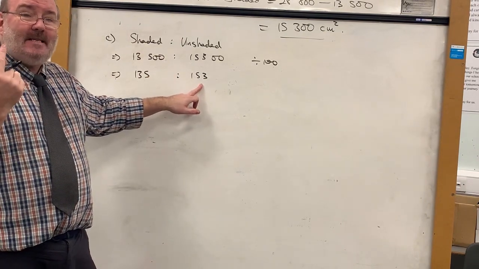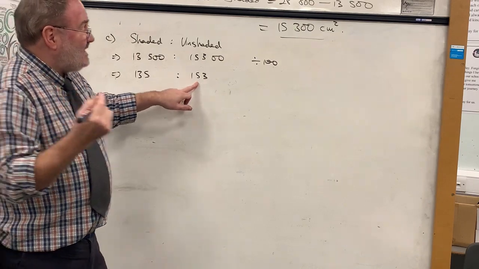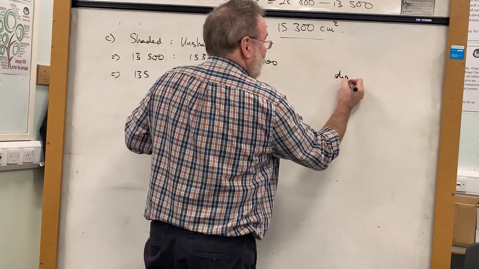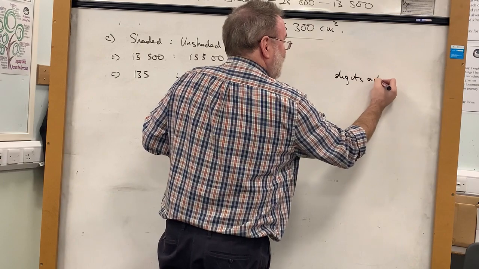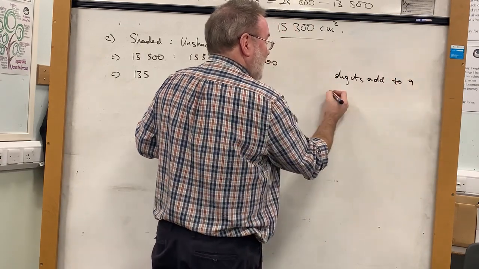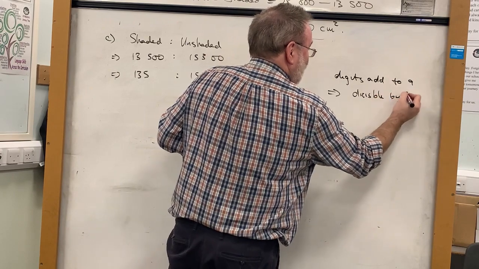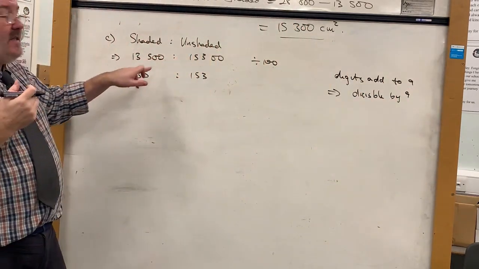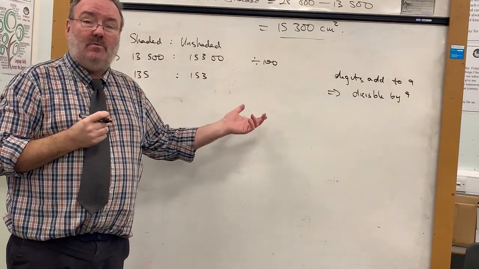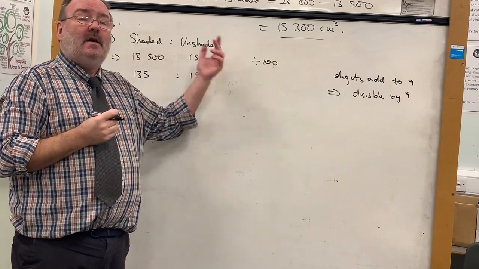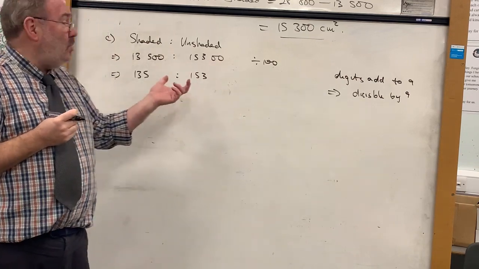Now, one of them is, if you add the digits together, if the digits add to 9, then it's divisible by 9. Right? The same way, if they both ended in 5 or 0, you would know they were divisible by 5, or if they were both even, you would know they were divisible by 2.